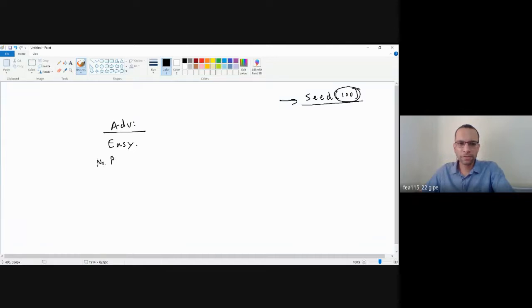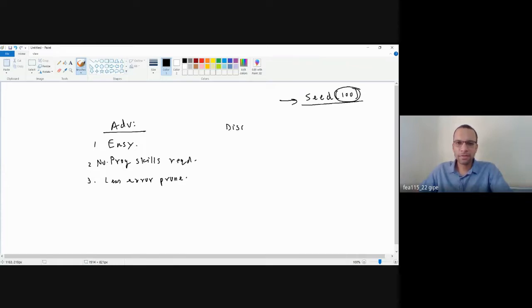No programming skills required. Also, chances of making errors are minimal. That is, it's less error prone. So you really have to try hard to make errors in this. I think these could be a few advantages.